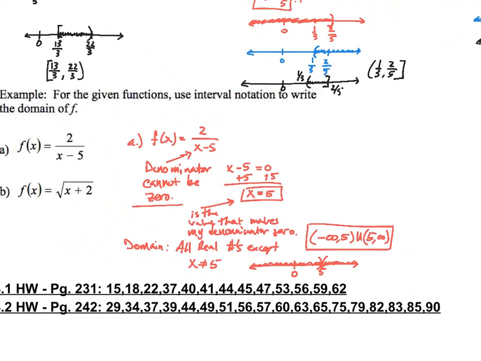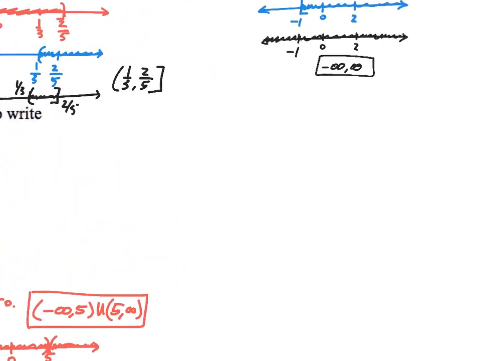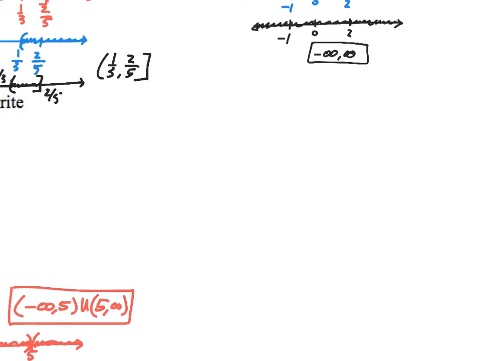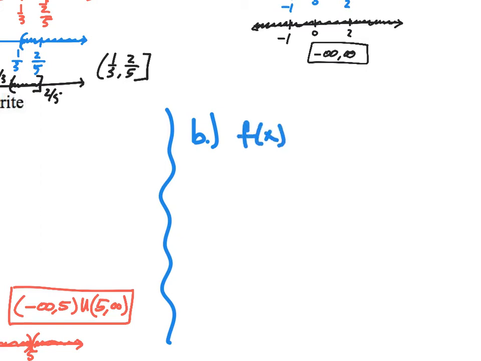Now let's look at part B. That function here would be f of x is equal to the square root of x plus 2.